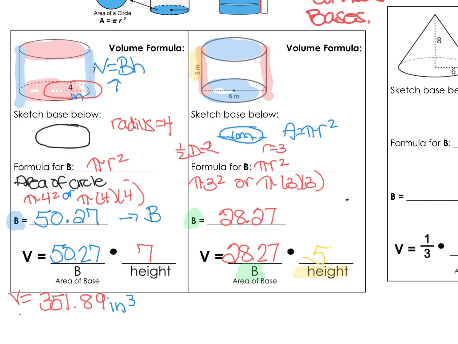So I'm going to type in 28.27 times 5, and I'm getting a volume equals 141.35. And then I'm going to add a label to it. Well, this one here says it's in meters, and because it's three-dimensional, cubed.